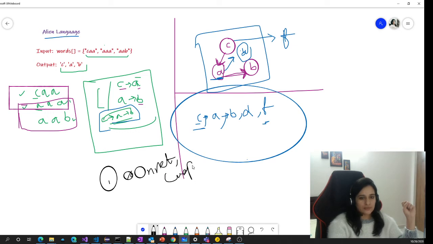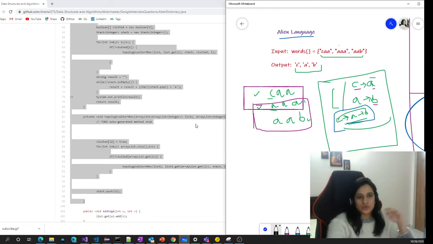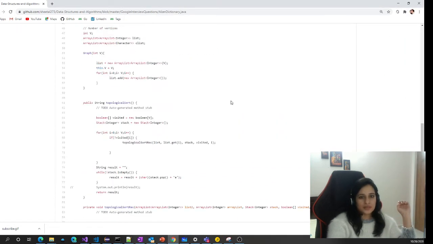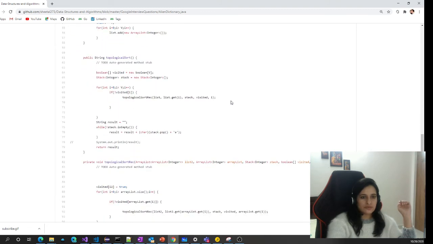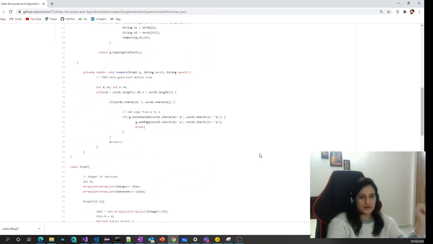The second problem is that once we have a graph, we can just do the topological sort. Sorry about the very bad handwriting. So let's quickly go through the code I have pushed to my GitHub account, so you can go through that. If you have any comments regarding this code or about this concept, just add a comment on my video and I'll try to address that.